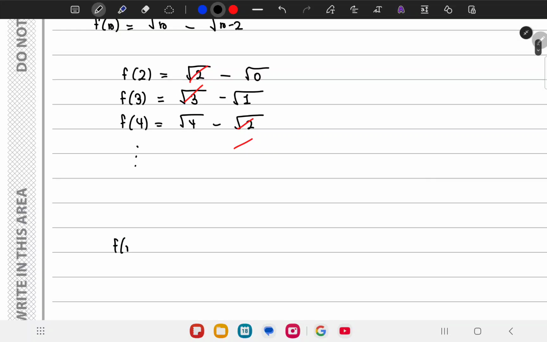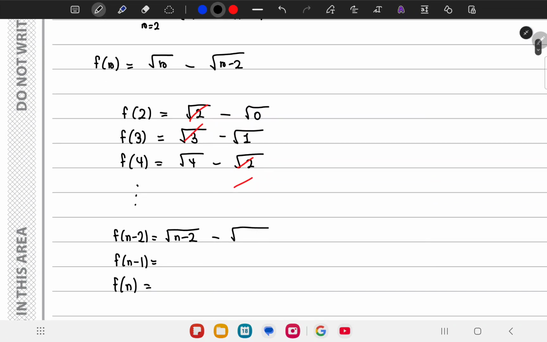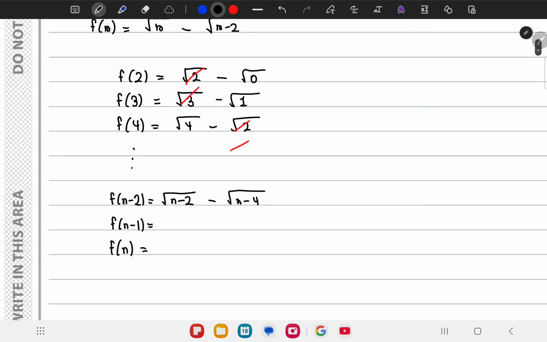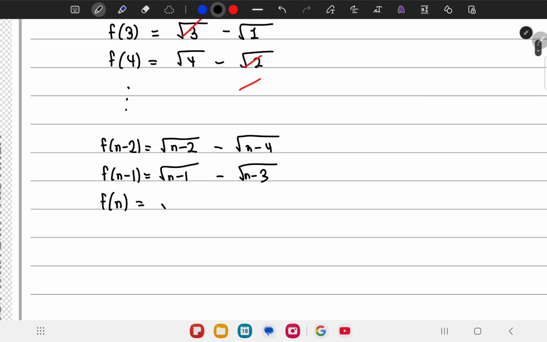So the last value would be fn, the second last would be fn minus 1, the third last would be fn minus 2. Fn minus 2 would be root n minus 2 minus root n minus 2 minus 2. We are putting n minus 2 for r. So this is n minus 4. This would be root n minus 1 minus root n minus 1 minus 2, which is n minus 3. And finally we have root n minus root n minus 2.